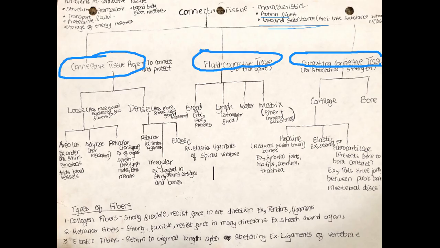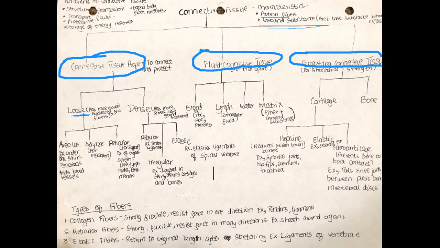When you talk about loose connective tissue as a type of connective tissue proper, the reason why it gets the word loose is because it has few of these protein fibers. It doesn't have as many protein fibers, but it has a lot more ground substance. So the fewer the protein fibers, the more likely you are to call it loose.